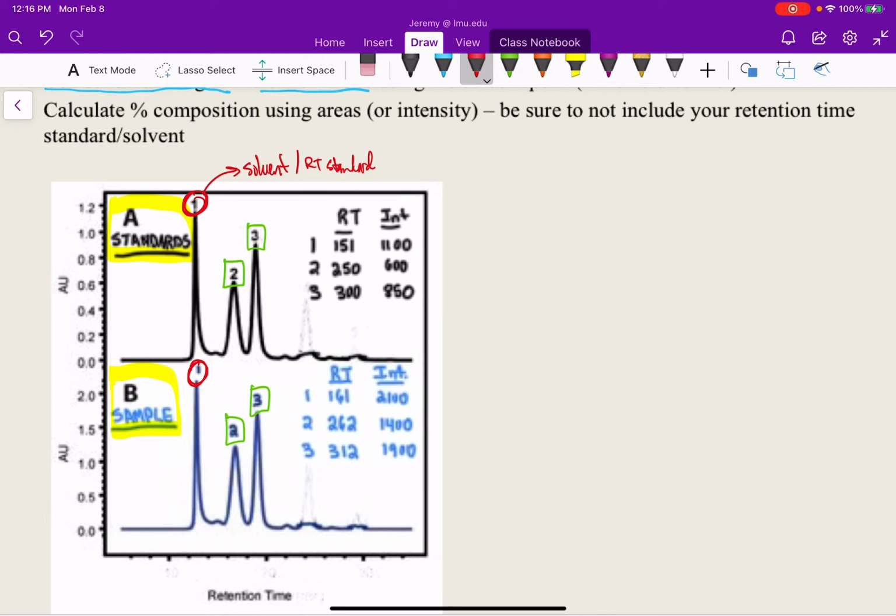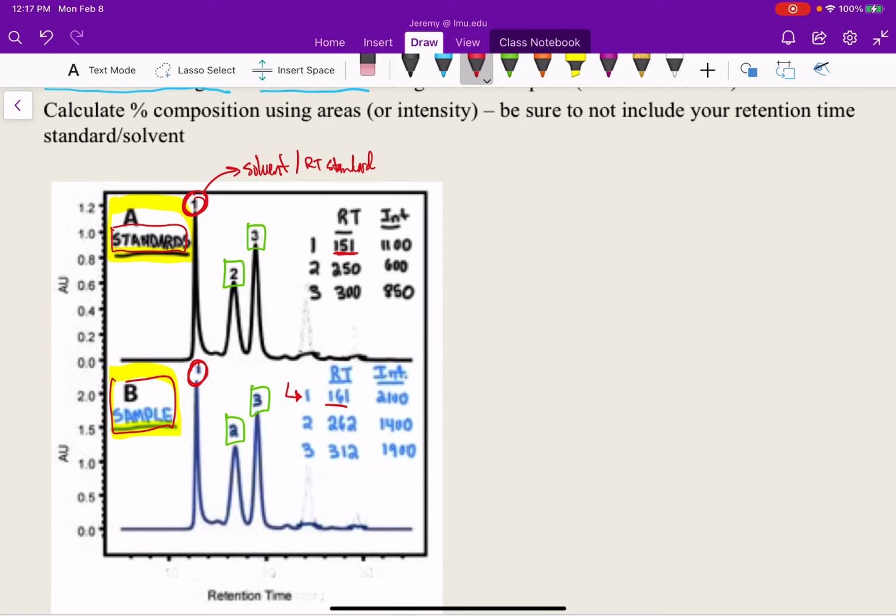So if we look at our sample B, this solvent retention time standard 1 has a retention time of 161. These units could be minutes, it could be seconds. In this lab, it's generally seconds. So we see when we're comparing it to our standard run that eluted at 151, we really need to apply a correction factor.